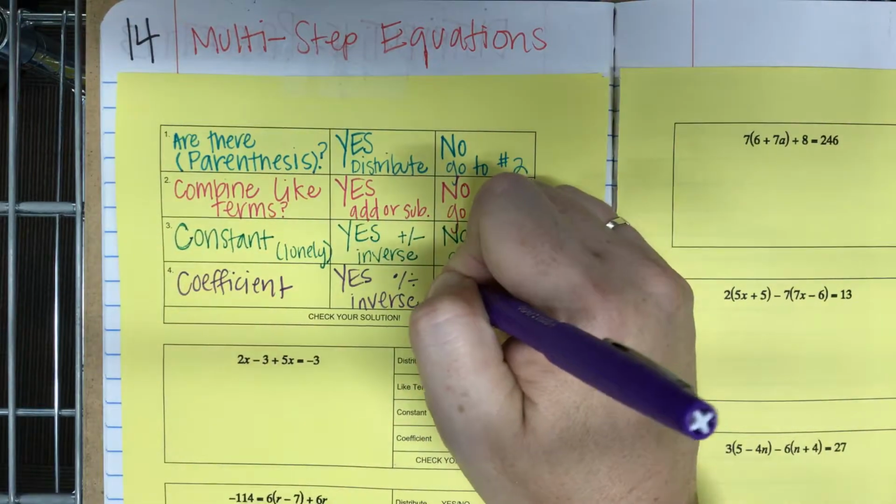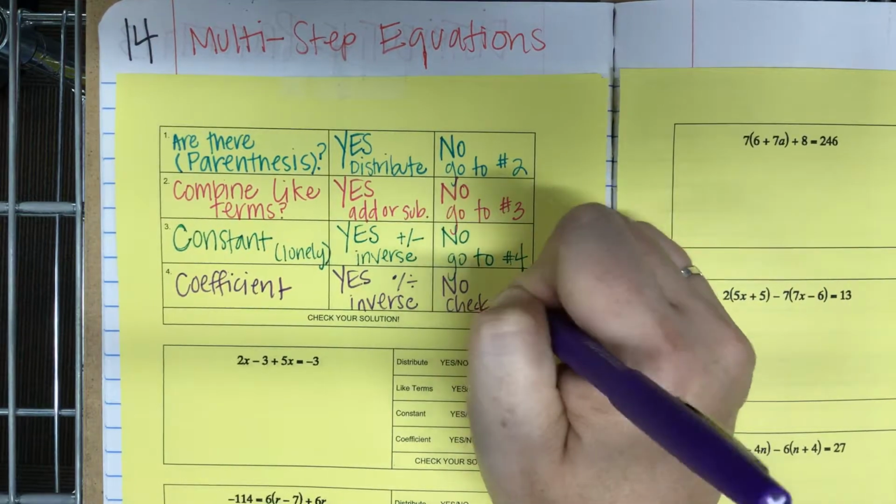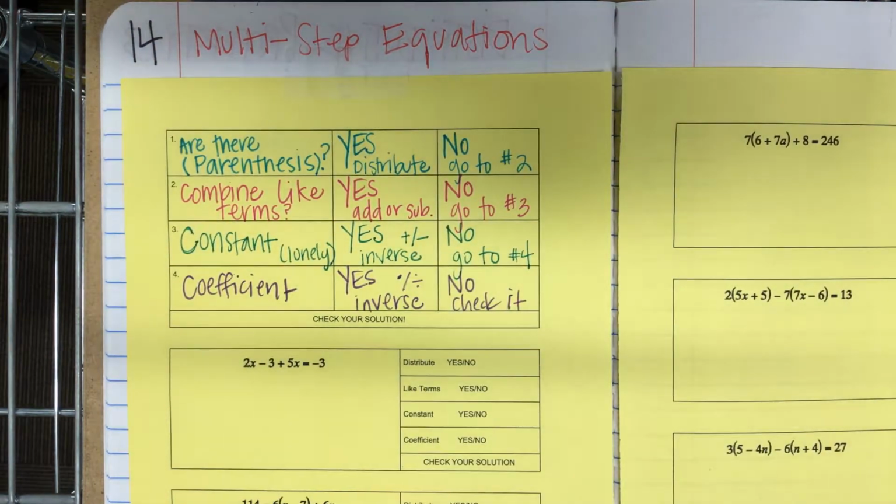If the answer's no, check it. Because you'll have an answer. Check it. And what if it's not? Then what? So we are going to go through all these steps and we're going to practice.